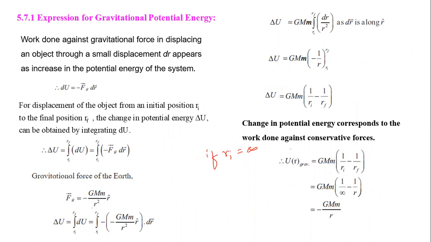So then Ri is infinity. If we substitute Ri as infinity, then 1 by infinity is 0. So we get gravitational potential energy equal to minus GMm by r, and this is the expression for gravitational potential energy.